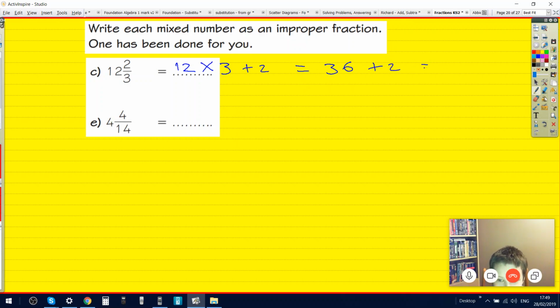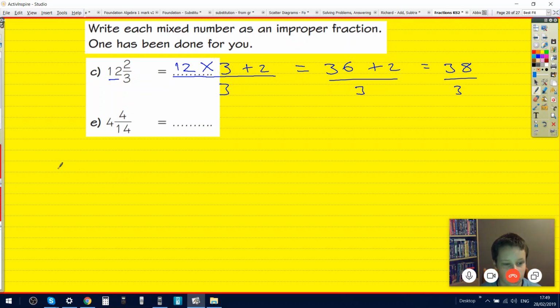And so we have an answer of 38 over 3. Well done. And so the quick start for it is big number times denominator plus numerator over denominator.